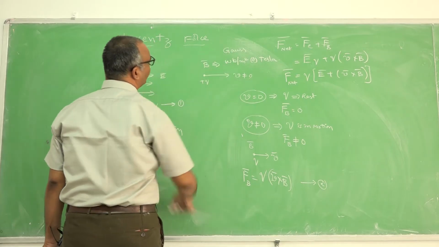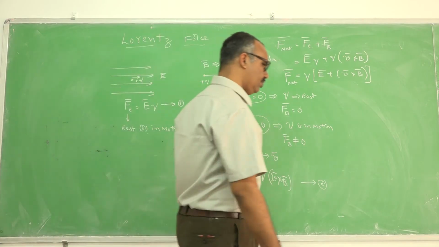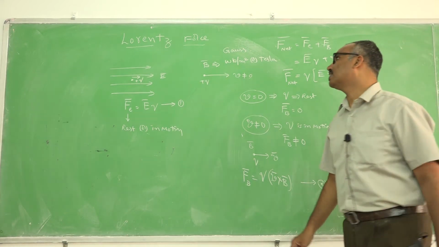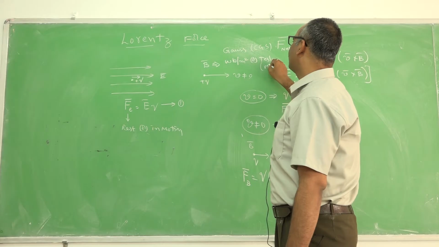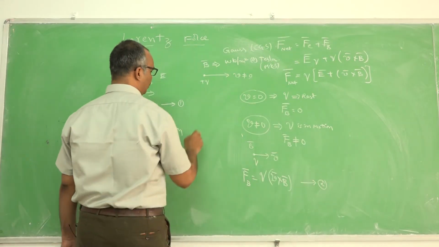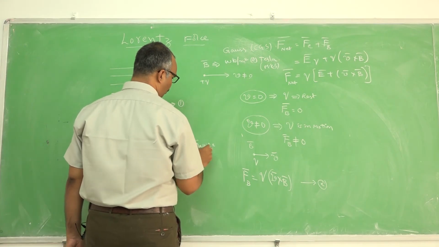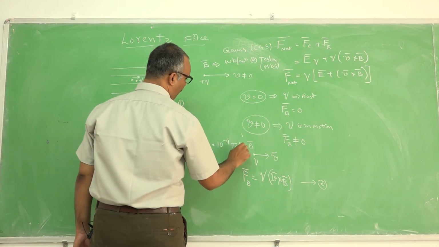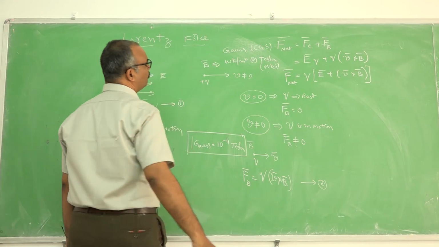Magnetic flux density is measured in Gauss. 1 Gauss is equal to 10 power minus 4 Tesla. This is in the CGS system, and Tesla is in the MKS or SI system. The relationship between these two is 1 Gauss is equal to 10 power minus 4 Tesla. Whenever you require, this conversion can be used.